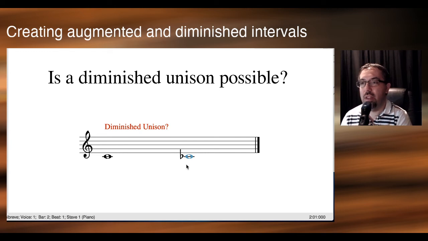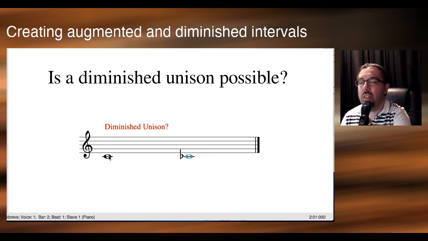Other people think that, how is that possible? Reason being is when you're thinking about intervals, the distance between notes, they're sort of about counting distances in semitones. Okay, so the concept of thinking a minor semitone, so C down to C flat, doesn't quite work with some people's thinking with that one.